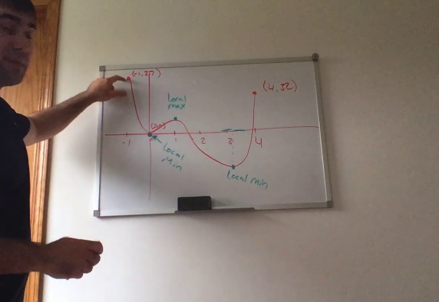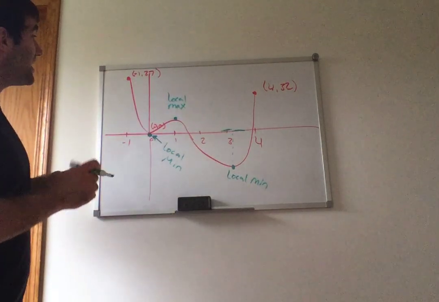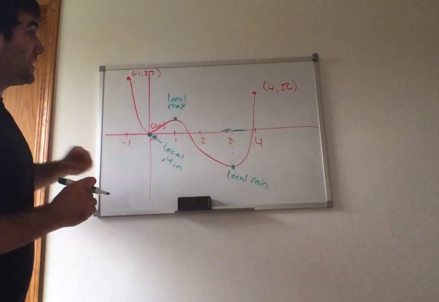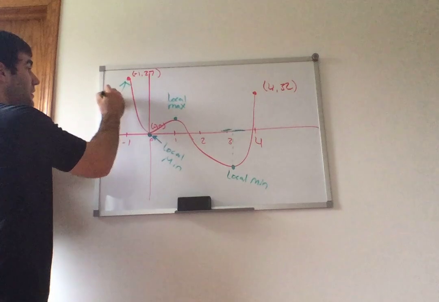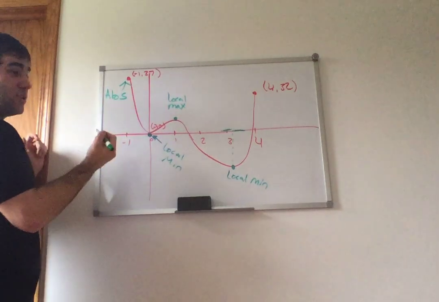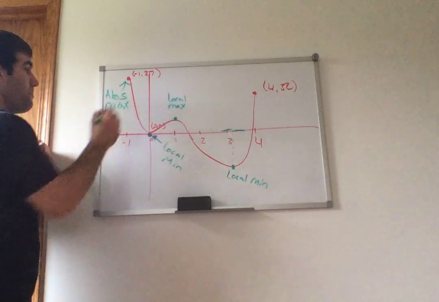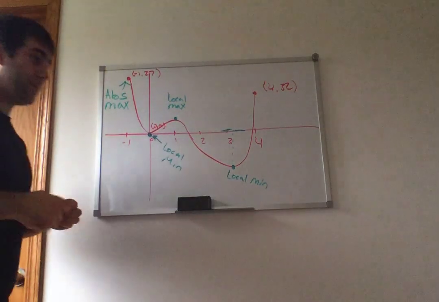And it happens to be this value right here. It has a value of 37, okay? So here, ABS for absolute, this is the absolute maximum of the graph.